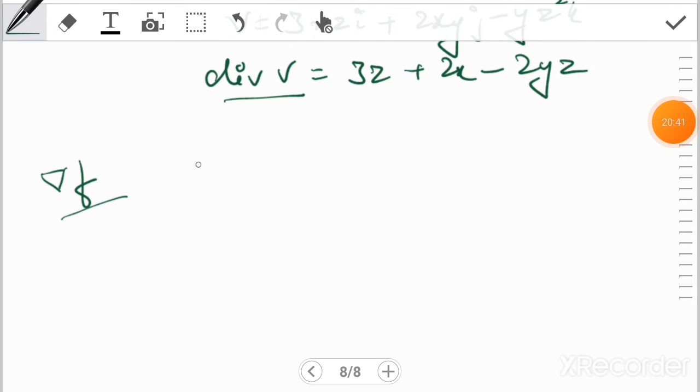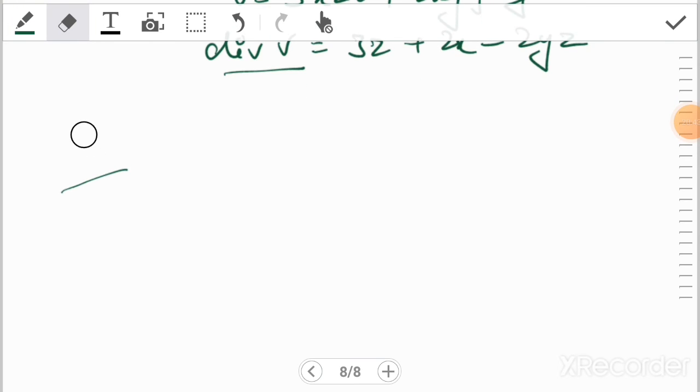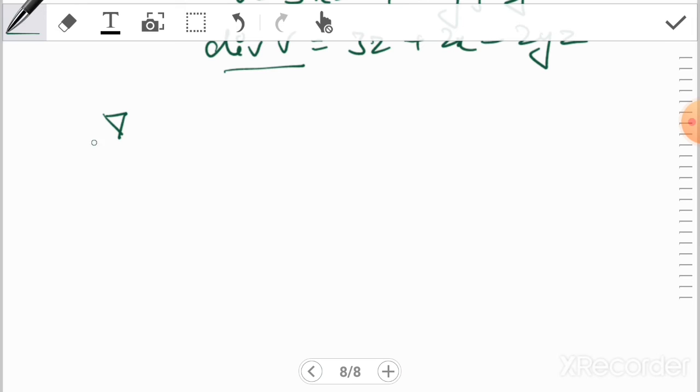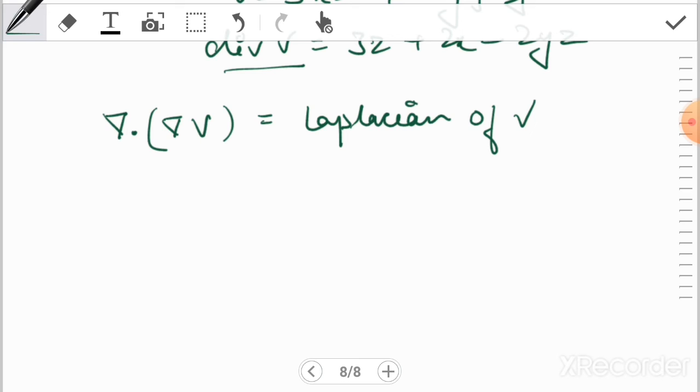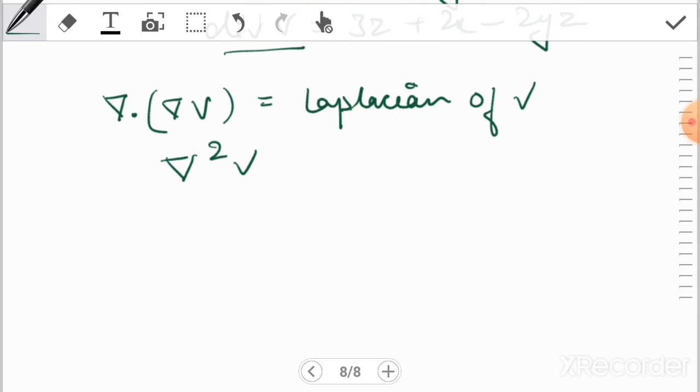And del dot del v is called the Laplacian of v. Del dot del f, or v, is called the Laplacian. This can also be written as del square v, or divergence of gradient v.